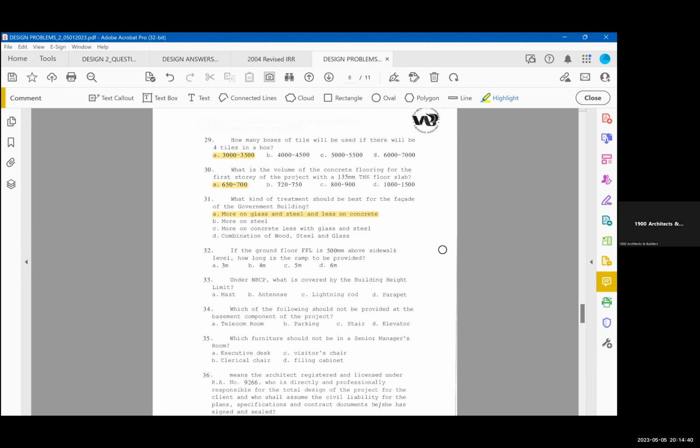So, number 32. If the ground floor, FFL, is 500 millimeters above sidewalk level, how long is the ramp provided? Okay. So, paano natin makukuha yun? So, based on if the ground floor.